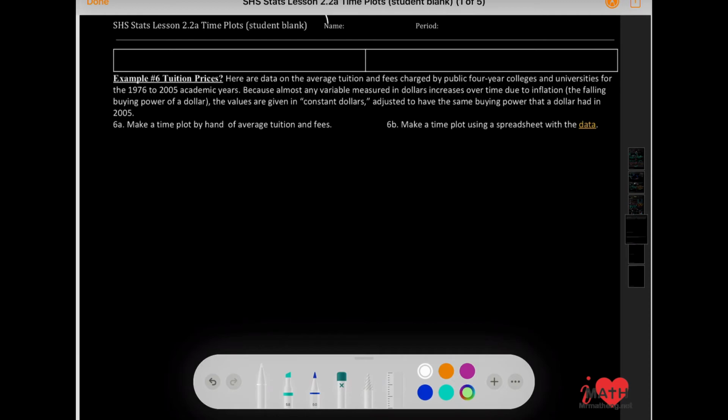The values are given in constant dollars and adjusted to have the same buying power that a dollar had in 2005. Okay, so go ahead and pause. I want you to create one by hand. And then I'm going to show you guys the answer by creating one with a spreadsheet.